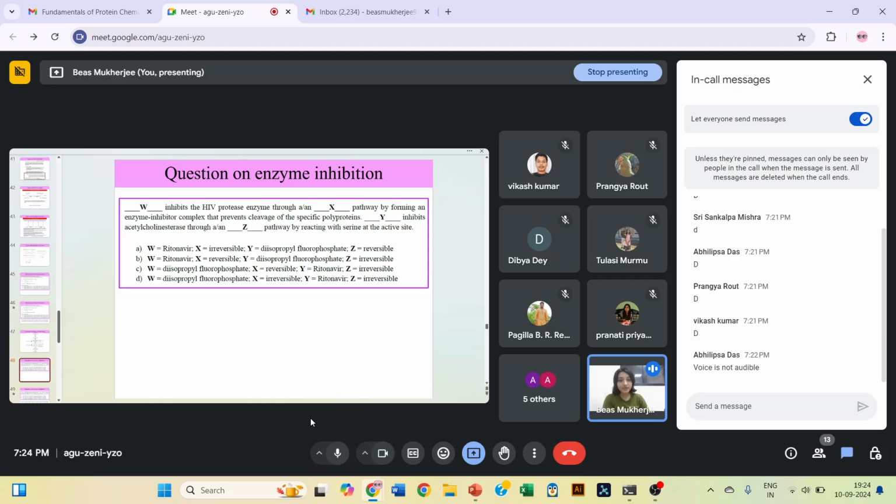Y inhibits acetylcholinesterase through dash pathway by reacting with serine at the active site. Okay, so you are saying that it is A. The others try to answer too.